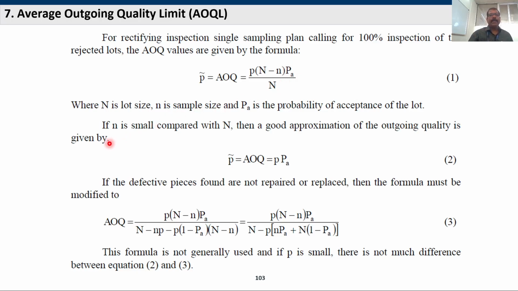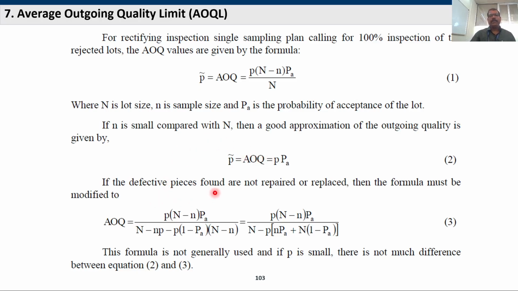If n is small compared with N, then a good approximation of the outgoing quality is given by P times PA. Here small p is the incoming quality level, and capital PA is the probability of acceptance. So if you have that, we can get a direct relationship.